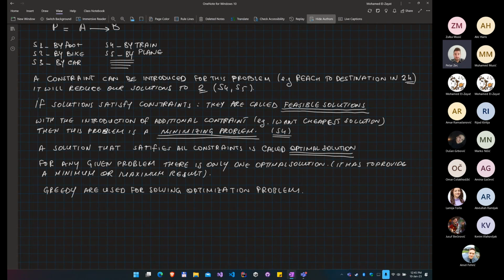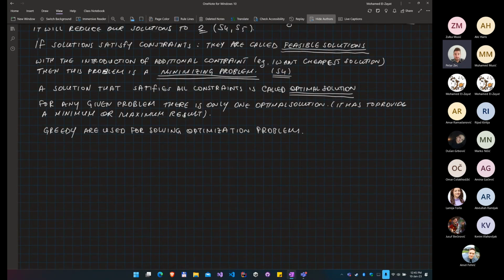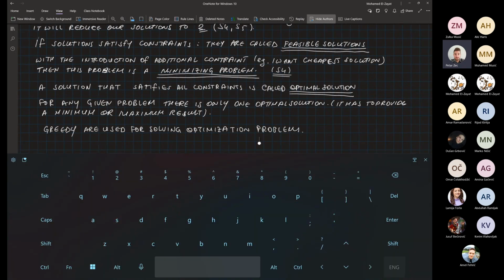Okay. Now, there are several other strategies, and I would like to mention them here just for the sake of completeness.